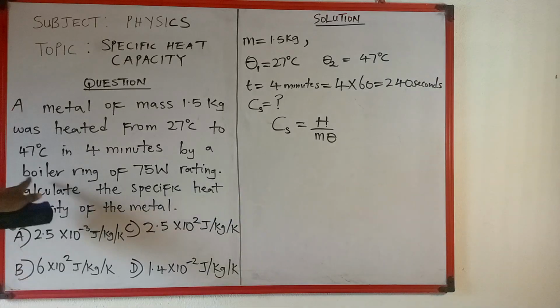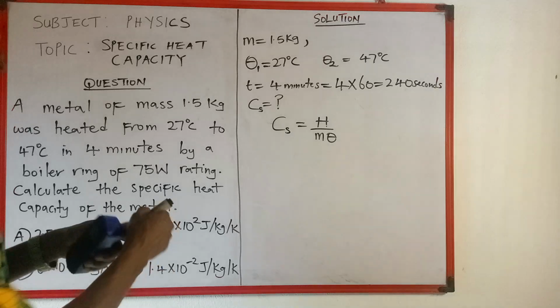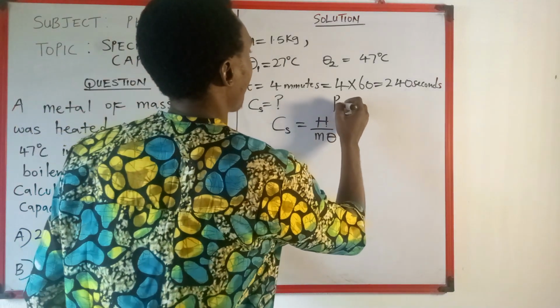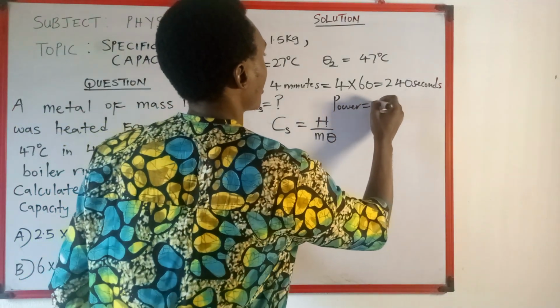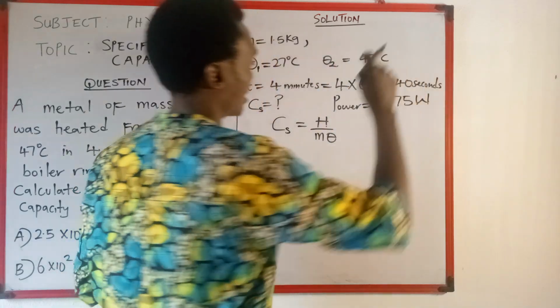Okay? So now, by a boiler ring of 75 watts rating, so power is also given in the equation. Power, which is P, is given as 75 watts.